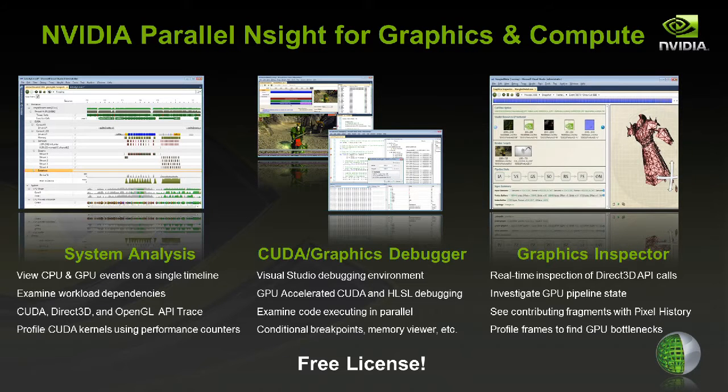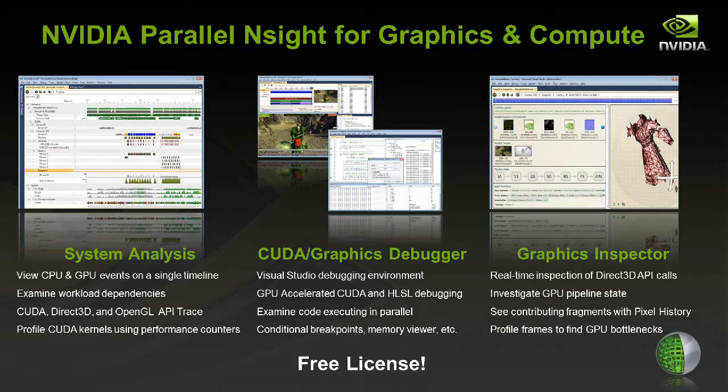On the debugger side, as I touched on a minute ago, it's completely integrated into Visual Studio, so it works exactly as it works on your CPU debugging. We support GPU-accelerated CUDA and HLSL debugging, so all the code that you're running is running on the hardware. It's not running in emulation or anything like that. It's all running on the hardware, so when you hit a breakpoint, the breakpoint is being hit right inside the GPU.